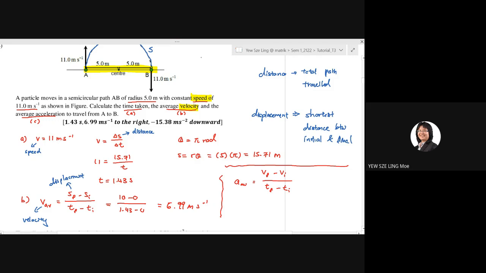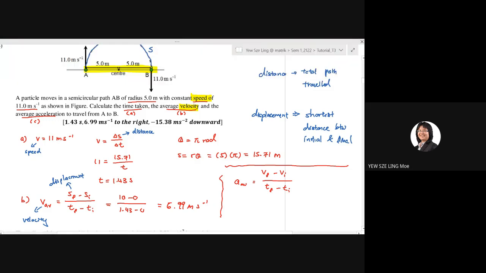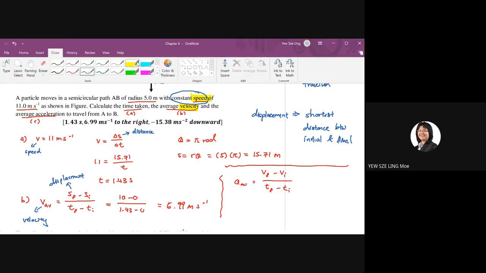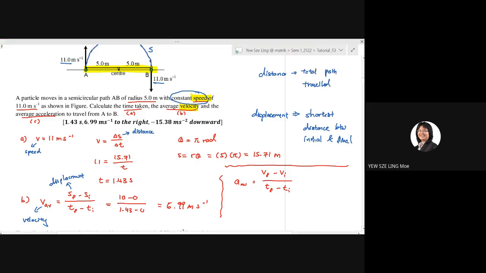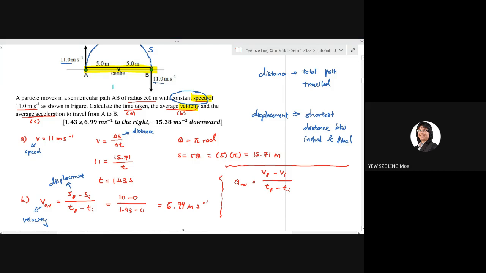If you look at the question, your object is moving with constant speed throughout the semicircle, so the velocity is always equal to 11 meters per second. The only thing you have to be careful about is that because you're looking at velocity, you need to take into consideration the direction.